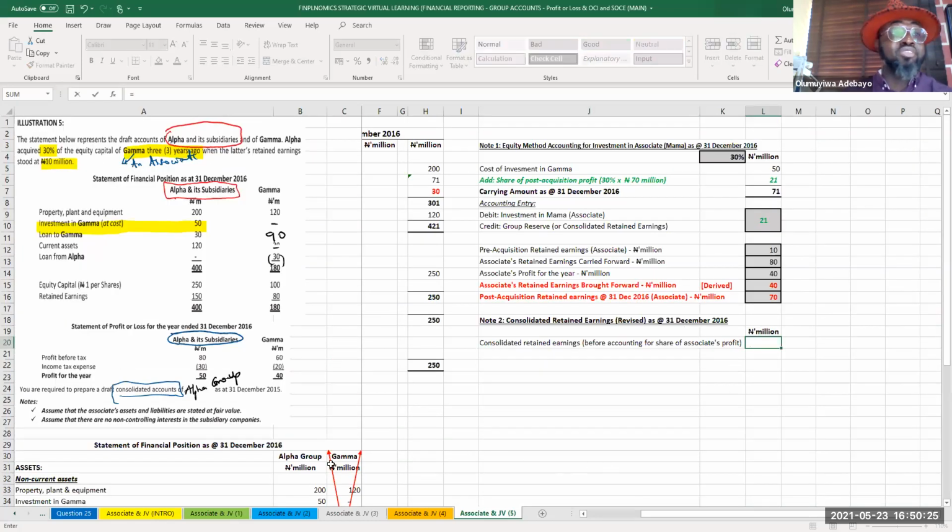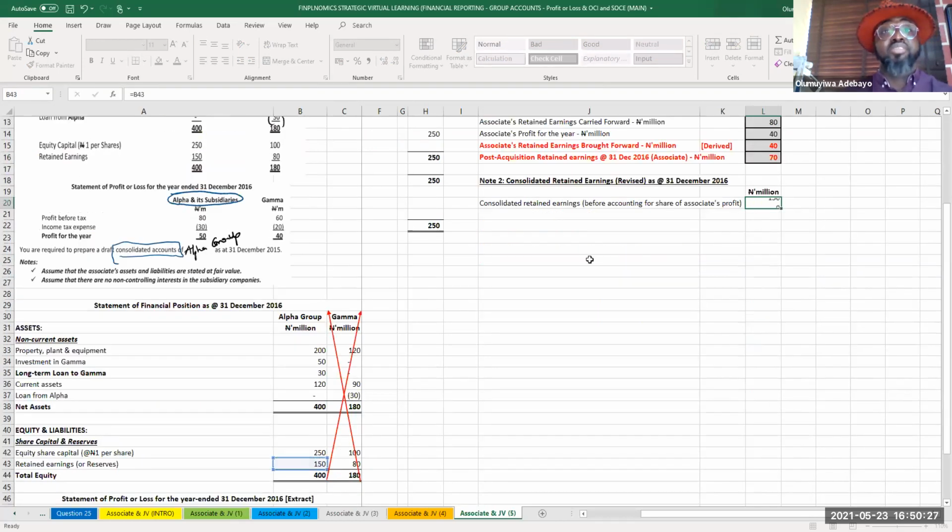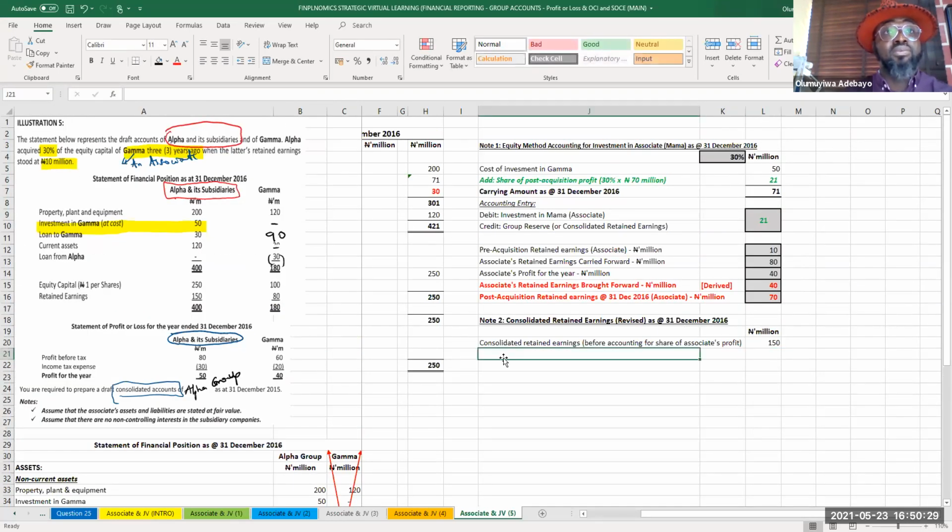It was consolidated before accounting for share of associates' profits. Now, we now account for share of what? Associates' profits. Therefore, let me just click this. Note 1. How much was it?